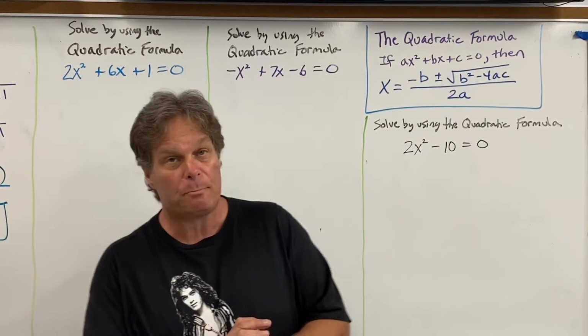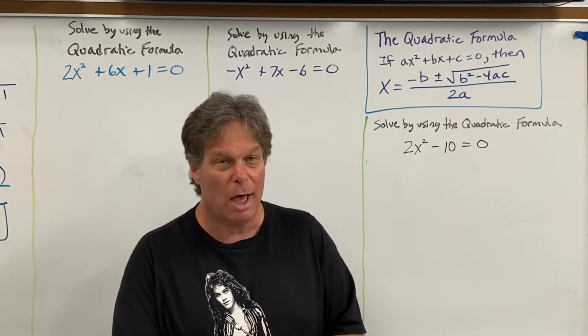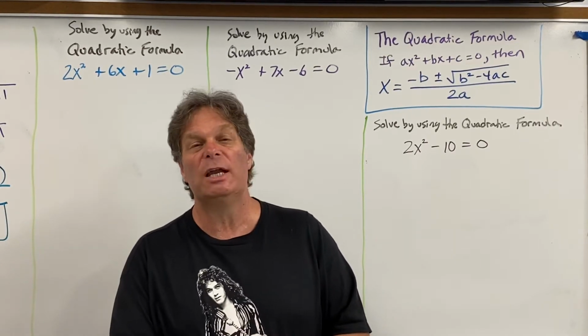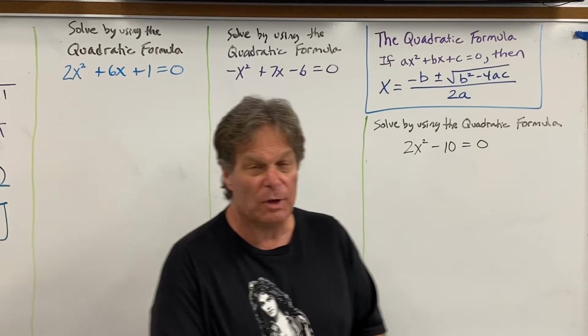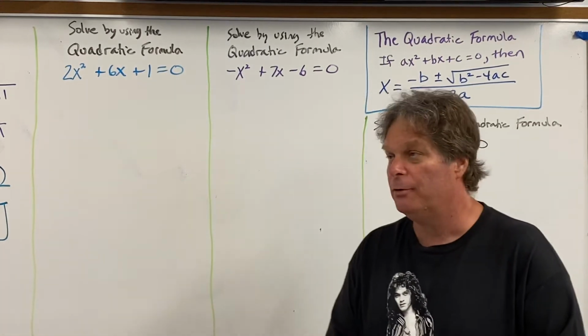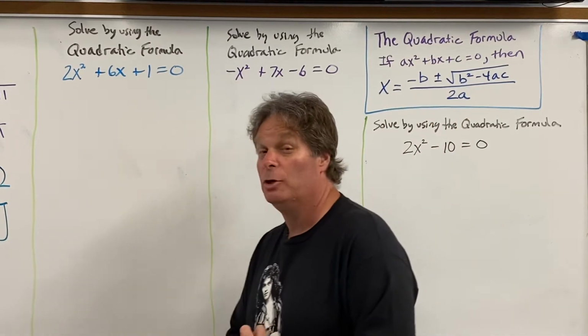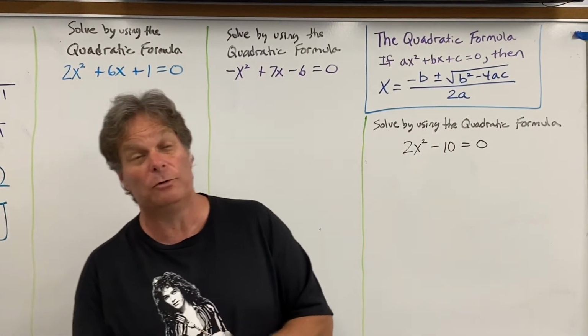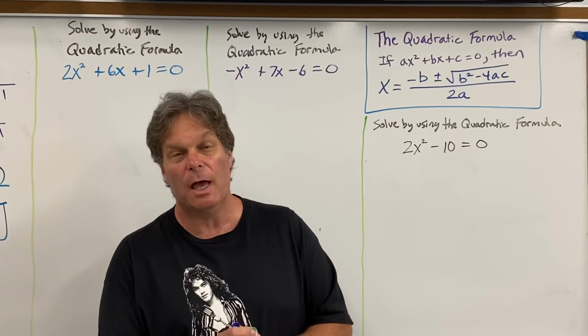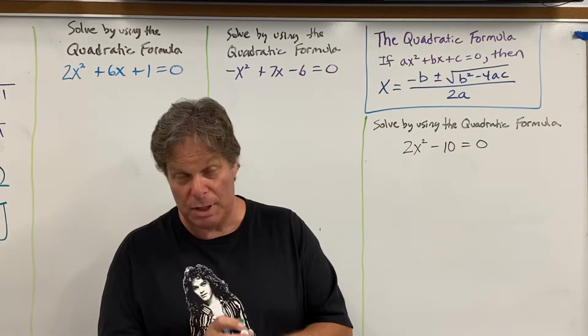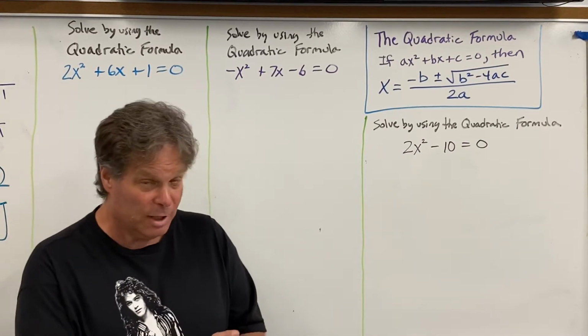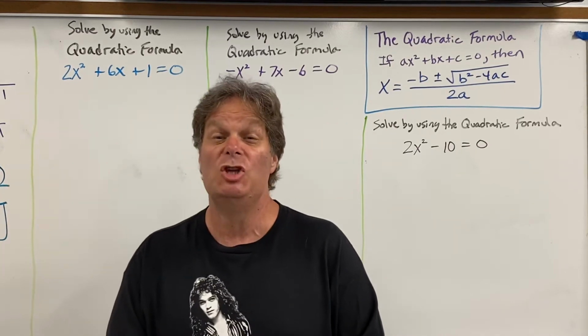However, since we're in Algebra 1, if you get a negative underneath the square root sign, we're going to call it no solution. And the answer is actually no real solution, because there's no solution in the real numbers. You have to go beyond the real numbers into the complex numbers to actually get solutions for it, which you guys don't know about.